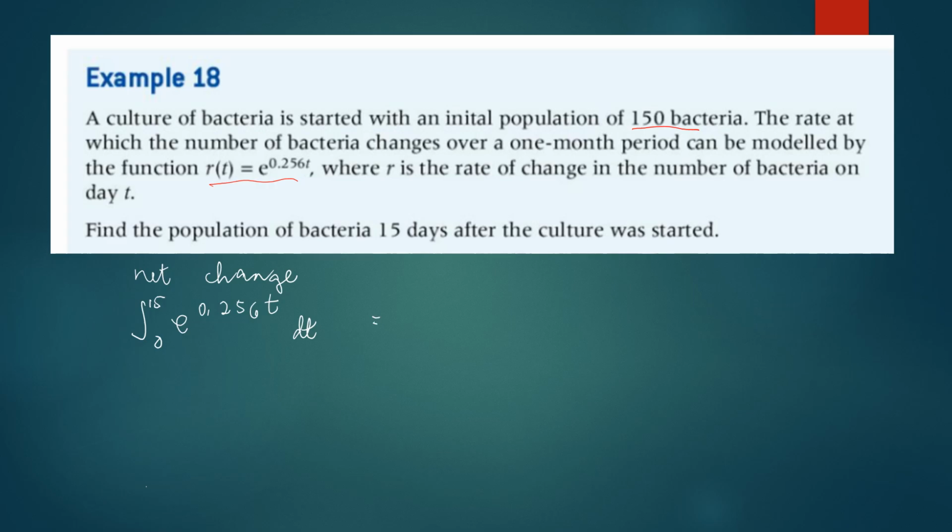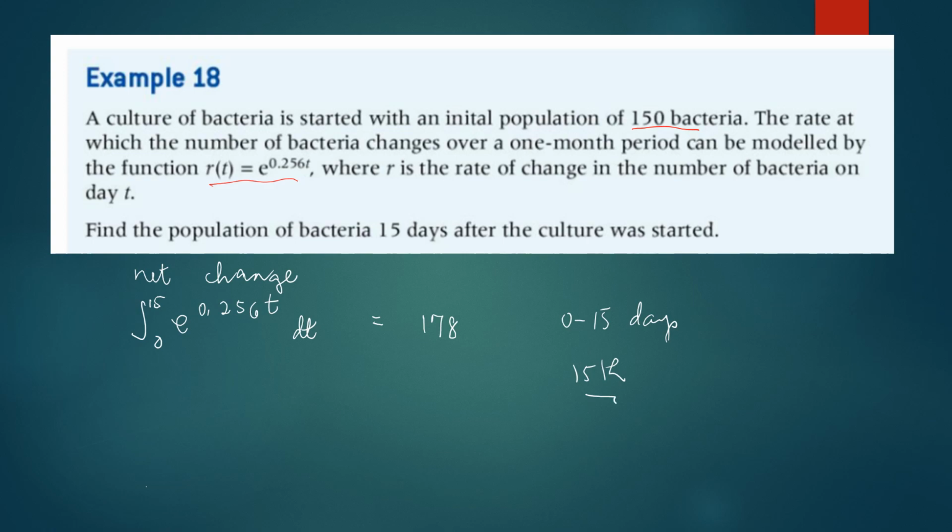And you can use your GDC under integration, evaluating the integral. It will give you 178. This is actually the change over the period of 0 to 15 days. There is a growth of 178. And so on the 15th day, how many bacteria are there? Are there only 178? Yes or no? On the 15th day?